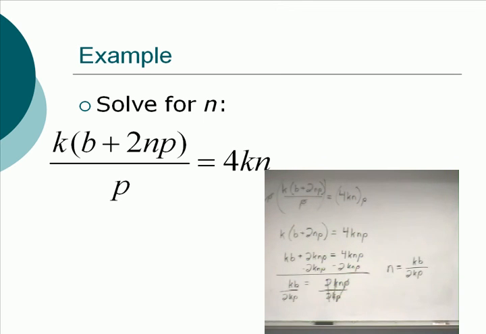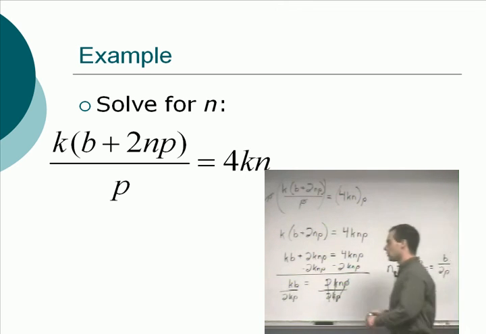How's that look? It's almost good. It's a reducible fraction, though. Your k's cancel off. And so n is actually equal to b over 2p. N is equal to b over 2p.